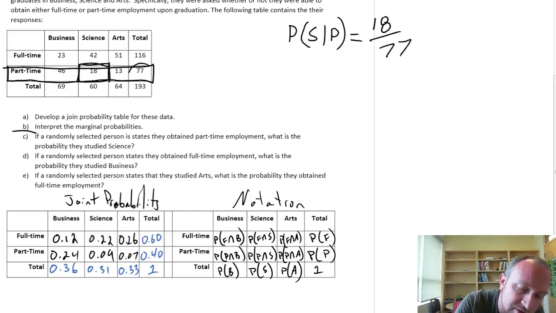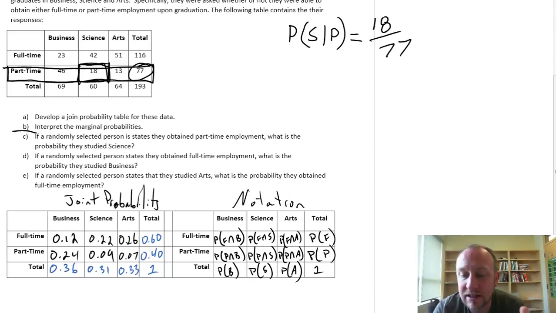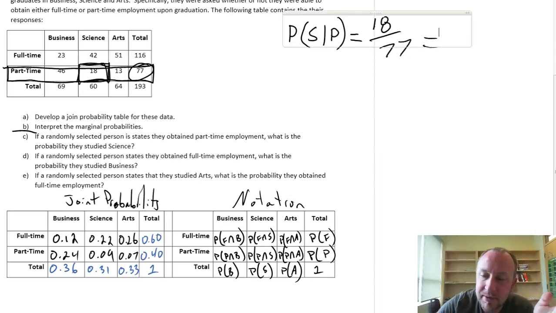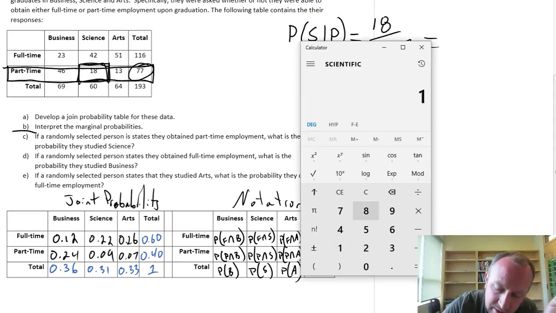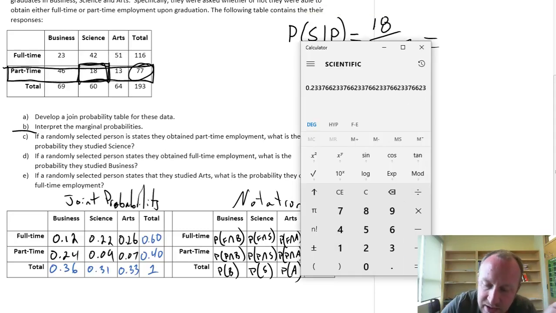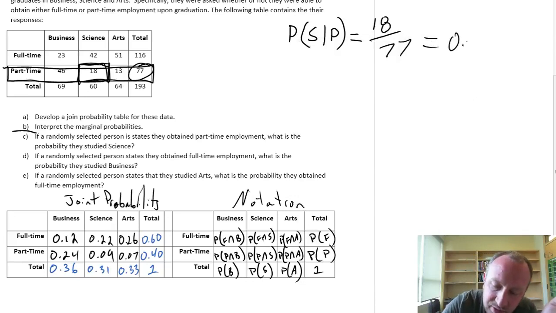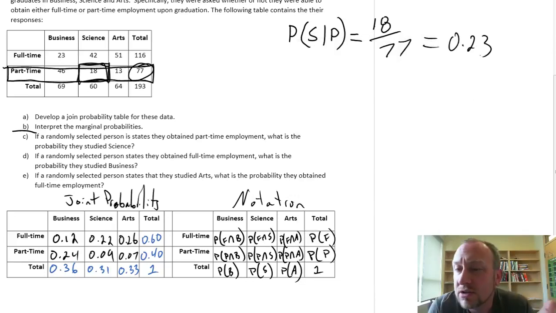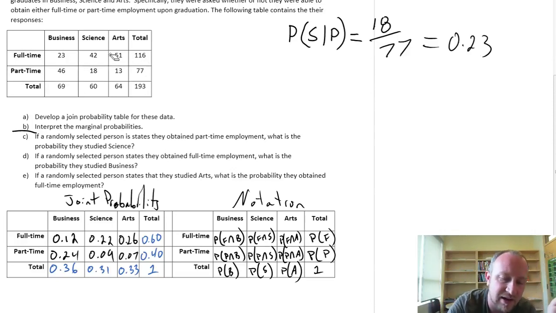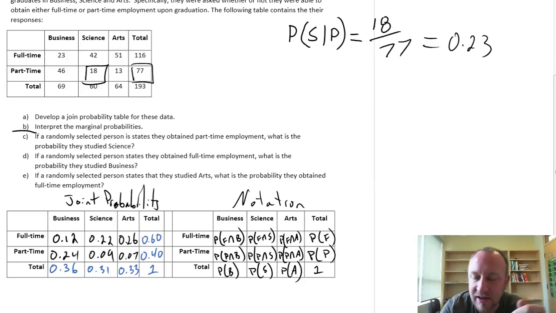So there's a total of 77 part-timers, 18 of those studied science, and so that probability is 18 divided by 77, 0.23. So it's fairly straightforward. We isolate, okay, I'm told that we're only looking at part-time, so I'm only going to consider those part-time values. What's the probability that they studied science? 18 out of 77, 0.23.